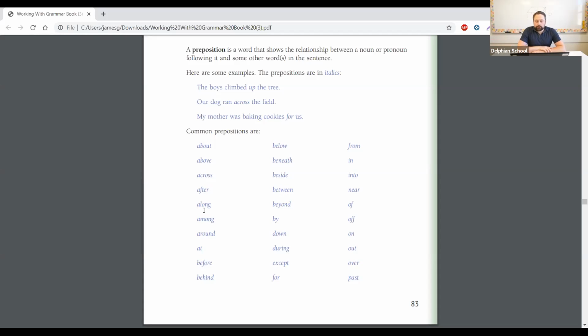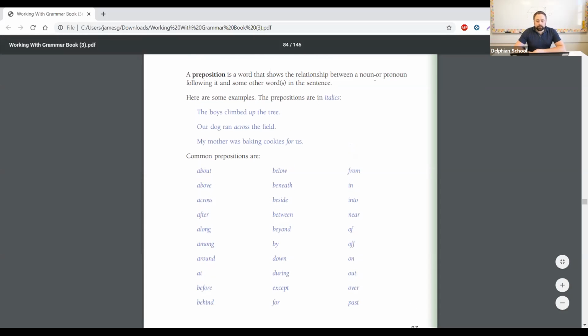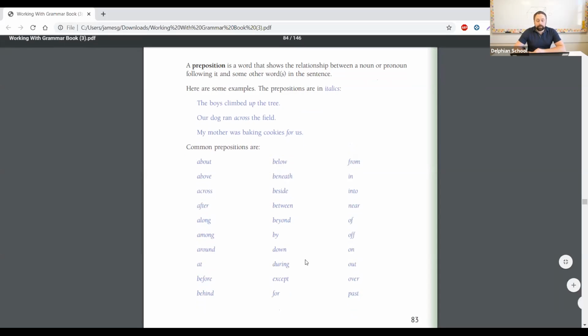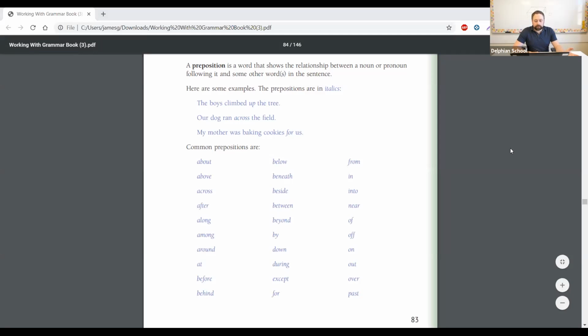So you just have to remember when dealing with prepositions that they show a relationship between a noun or pronoun and some other words in the sentence. And the better you can get at that, the more familiar you get with using them, you'll get better at spotting them because of what they do in the sentence, not because you just have all of the prepositions memorized.